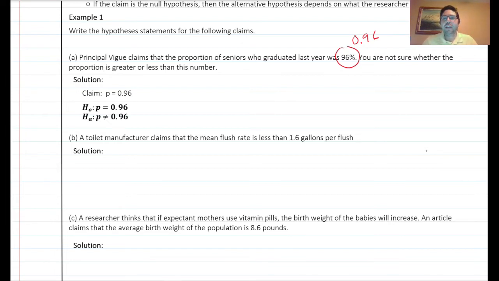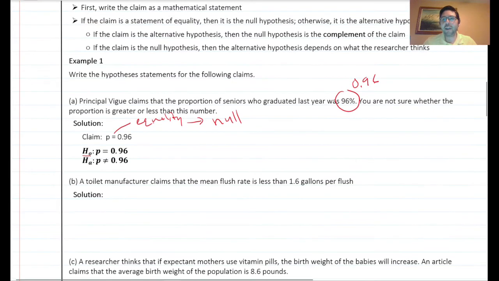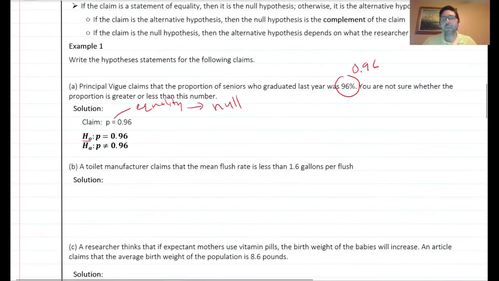So then since it's equal to, this is a statement of equality, which means it belongs to the null hypothesis, okay? Or HO, which is why we put it here under HO. And so now what we said is if the claim is the null, then the alternative hypothesis depends on what the researcher thinks, right? Well, you are the researcher here.